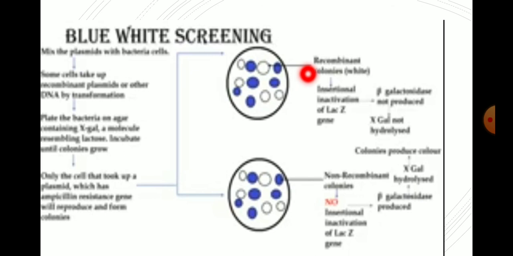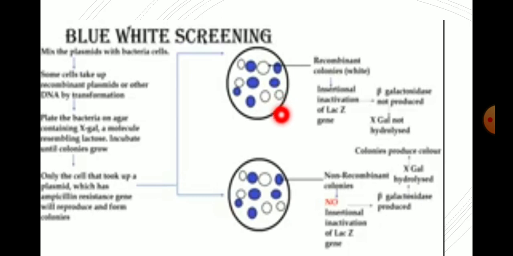When proper ligation takes place, insertional inactivation takes place and no blue color will be formed. But due to improper ligation of DNA to the cloning site or restriction site, the enzyme stays functional and the blue color forms.